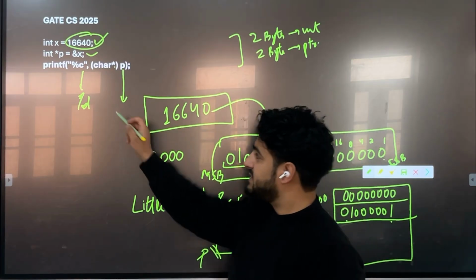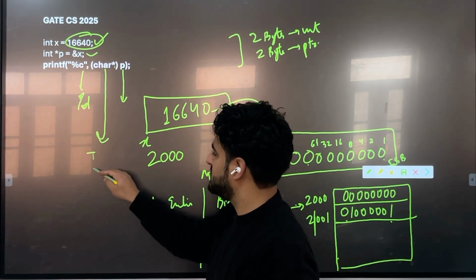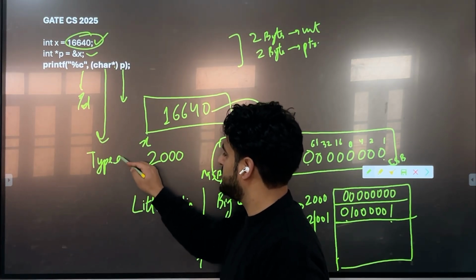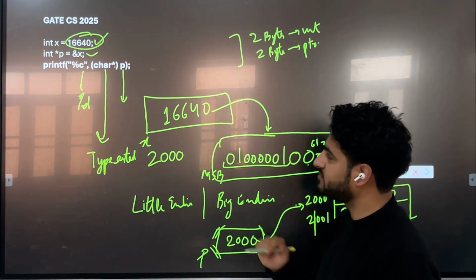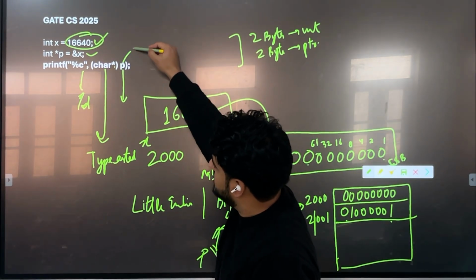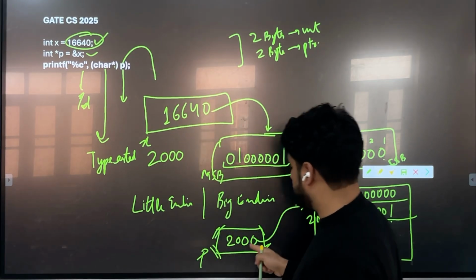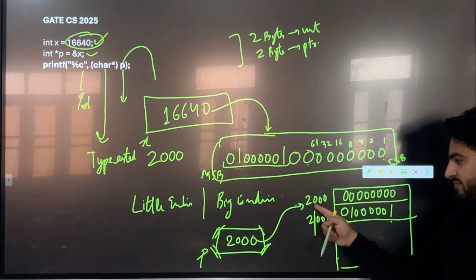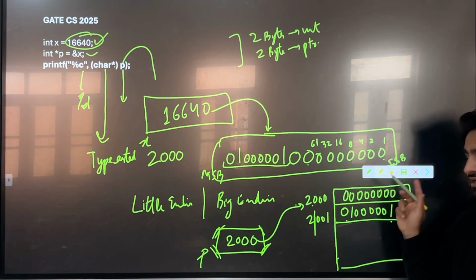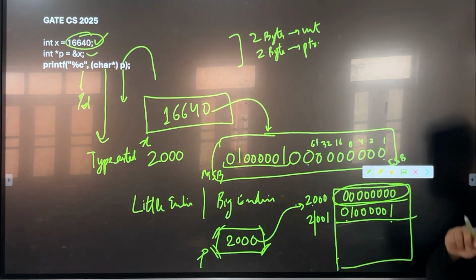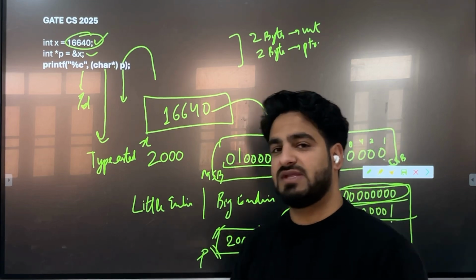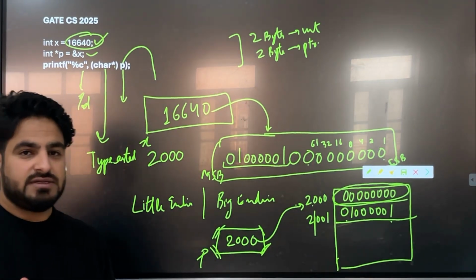But since this is typecasted, this pointer, even though it points to a place that stores an integer, will now treat it as a 1 byte number, because character takes 1 byte.